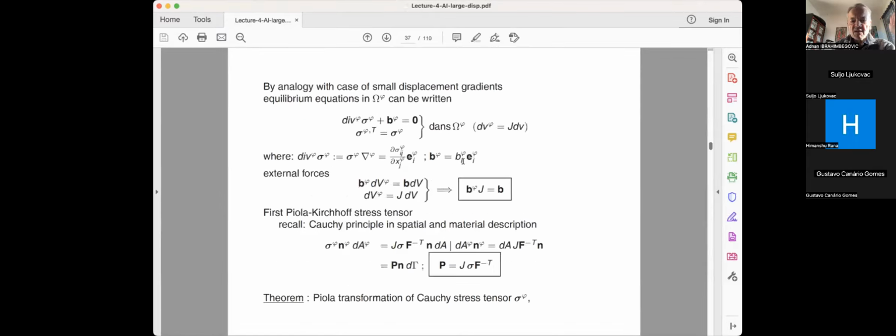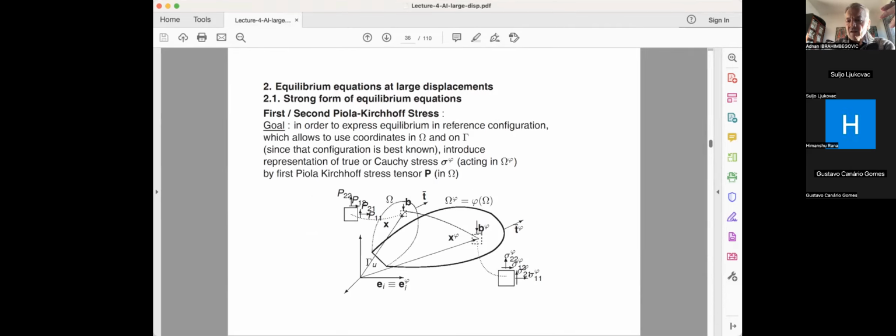So given these two results, the load is expressed in the initial configuration. In other words, if I go back here, the true loading that acts in the deformed configuration, multiplied with the infinitesimal element of volume, is the same as this load here, B, multiplied by the corresponding representation of this infinitesimal element in the initial configuration.